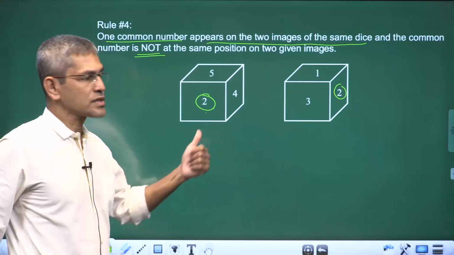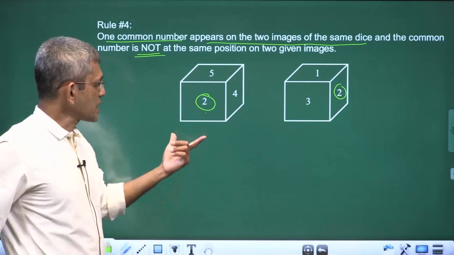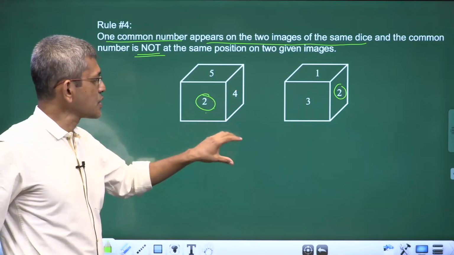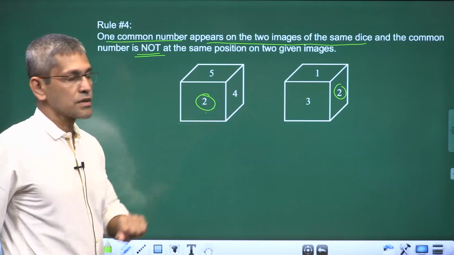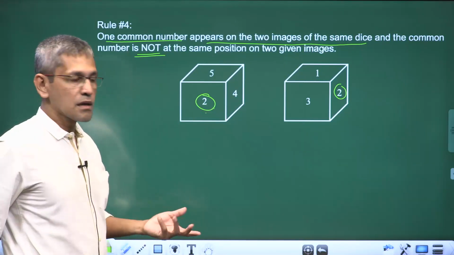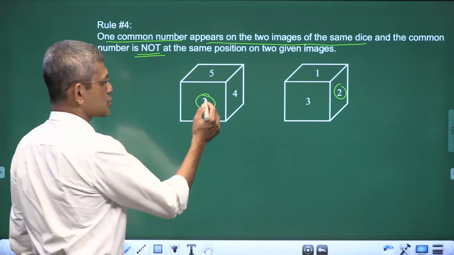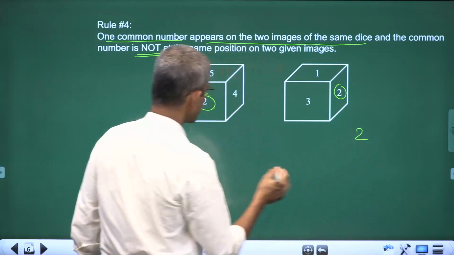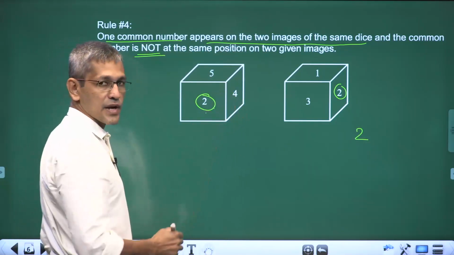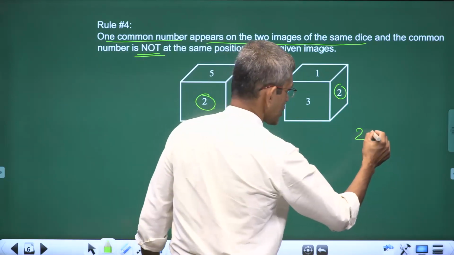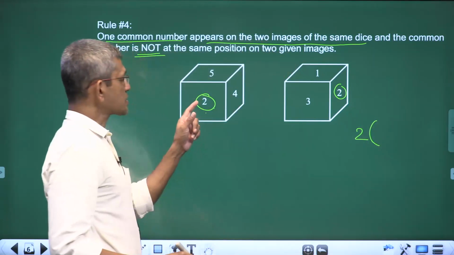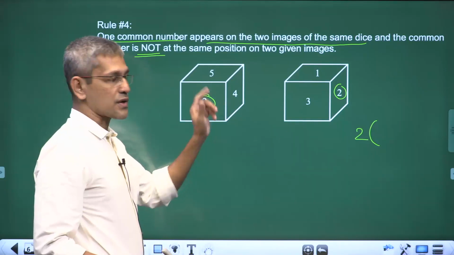So what do we do in this case? Let's say we have to find out which number is opposite to 4. Is it possible to get it? What we get from here is that 2 is adjacent to 4 and 5, right? So 2 is not opposite to 4 and 5. 2 is always adjacent to 4 and 5.